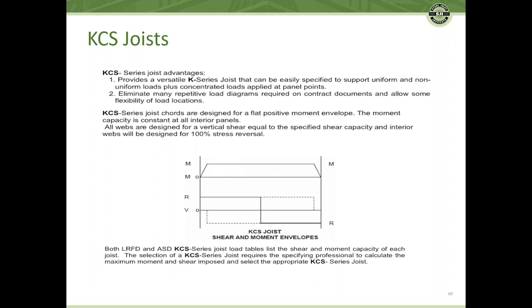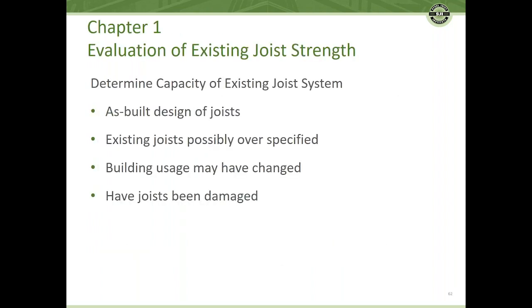So this is a good way to alleviate the need for lengthy repairs and evaluations. KCS joists are specified by moment and shear rather than uniform loads. In Chapter 1 of the Technical Digest, it talks about the evaluation of the strength of joists.